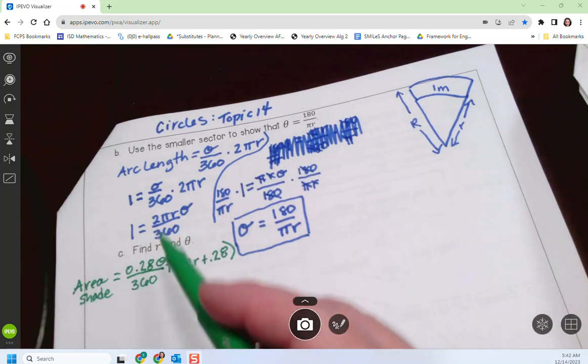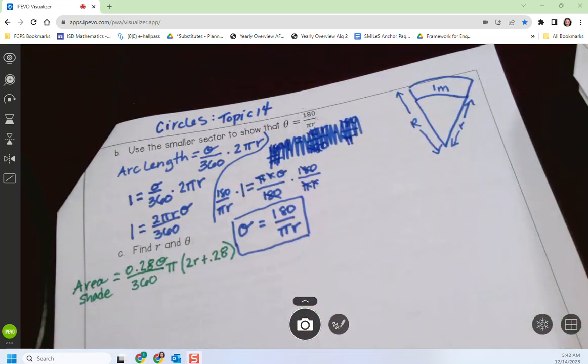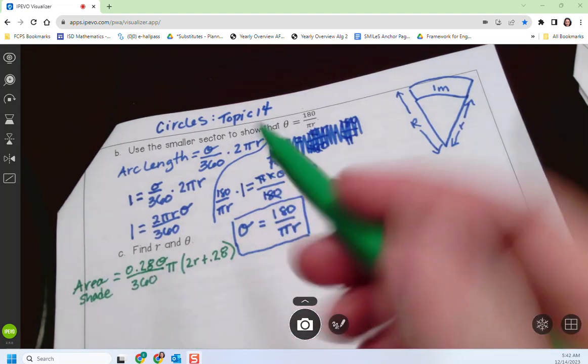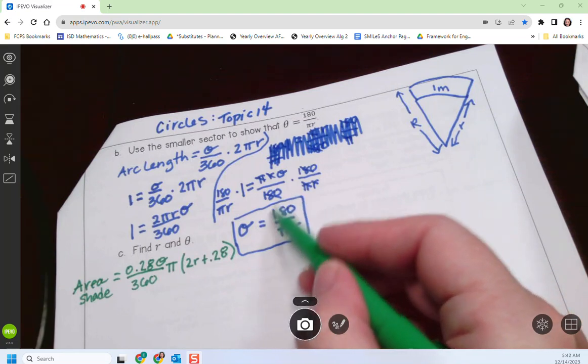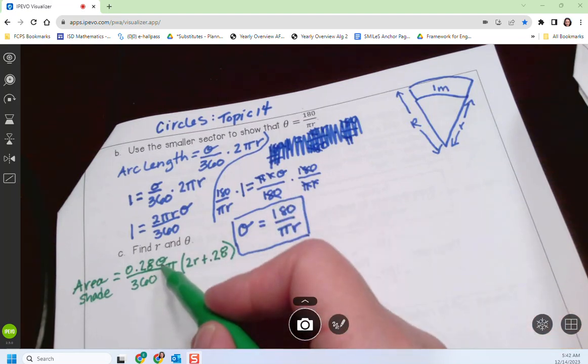Okay, so to find r and theta, we're going to combine the expression from part A and part B. So this came from part A, but I know now that theta is 180 over pi r, so I can substitute this for theta right here.